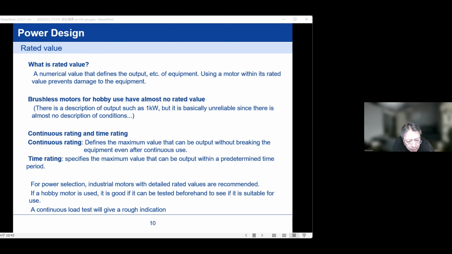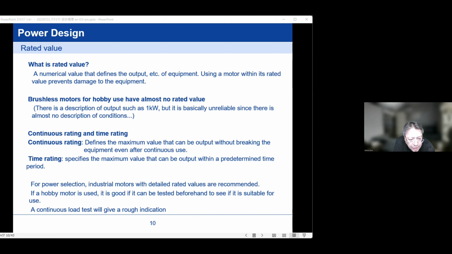On the other hand, for the time rating, if it is within a specified time, the maximum value that can be output is specified. So if it is 10 seconds or 1 minute, for example, then this much output can be output. However, if you continue to output more than that amount of time, it will break down.